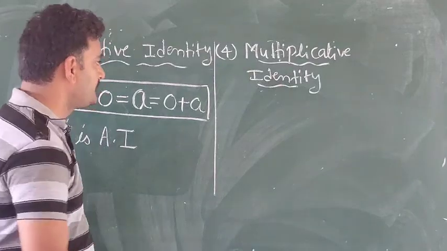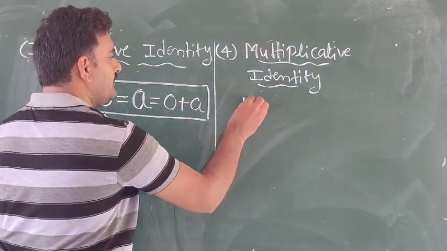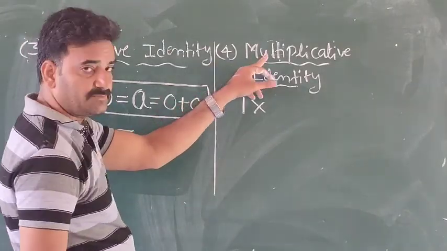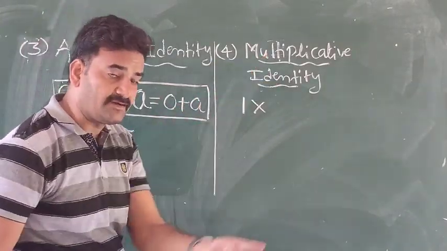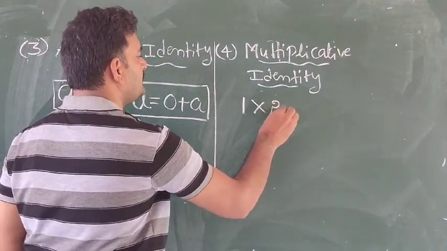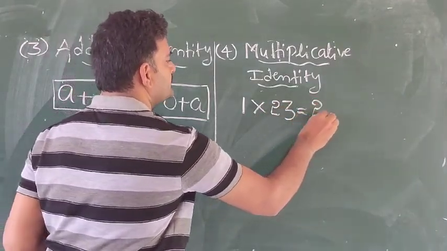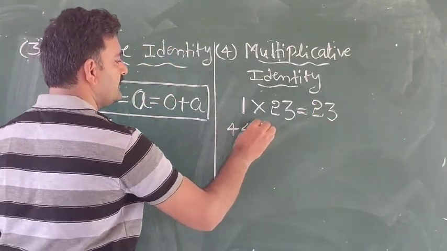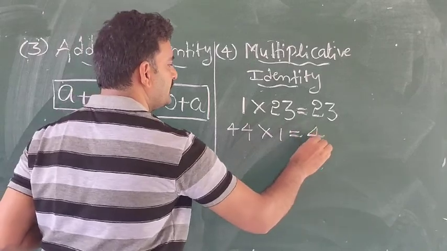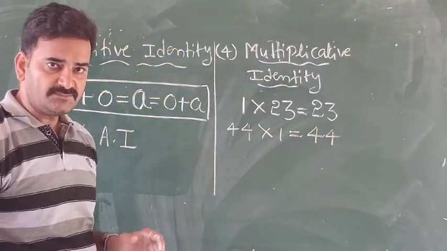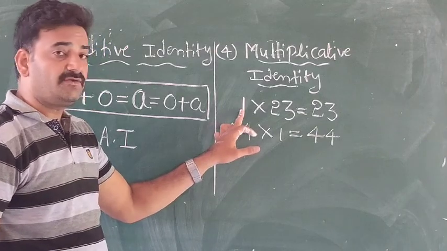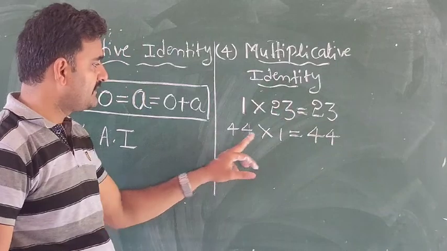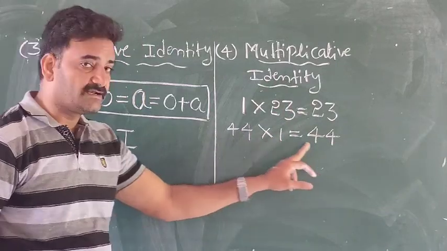Now multiplicative identity. Now identity means 1. Multiply, because it is multiplication. Multiply 1 to any number. Let us say 23. I will get the same number. Let us say 44 into 1. I will get 44. What is the meaning of this? If I multiply any number with 1, I will get the same number.